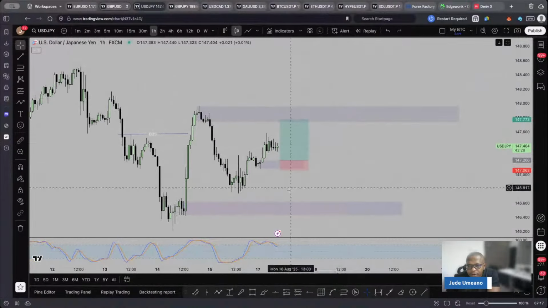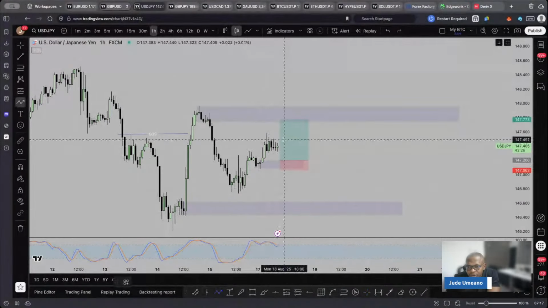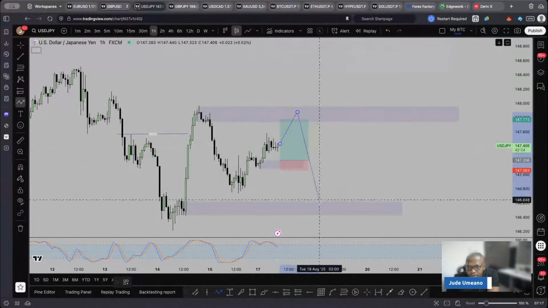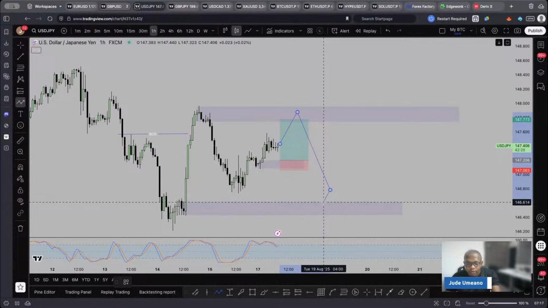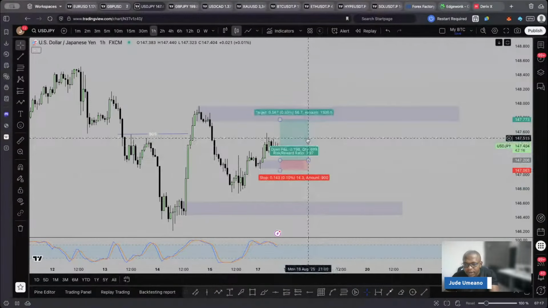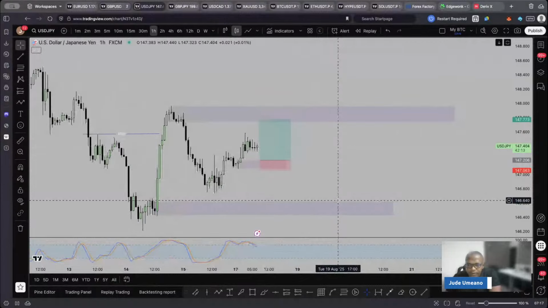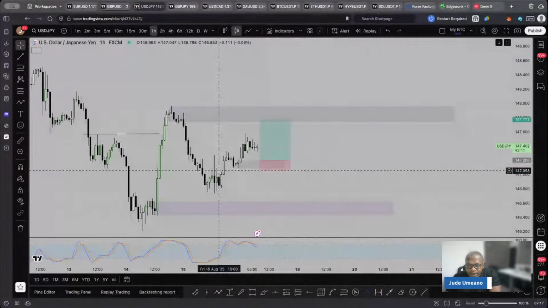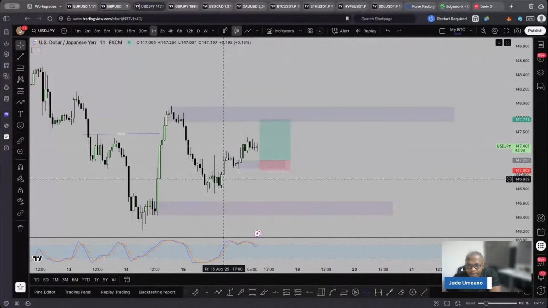So therefore, this might actually not get broken, but go lower. That is why we might not be bothered about trying to target above it. Then we have another demand zone here at this particular point that is also not taken.